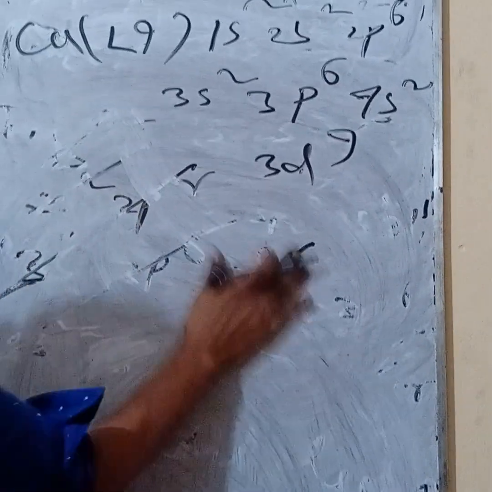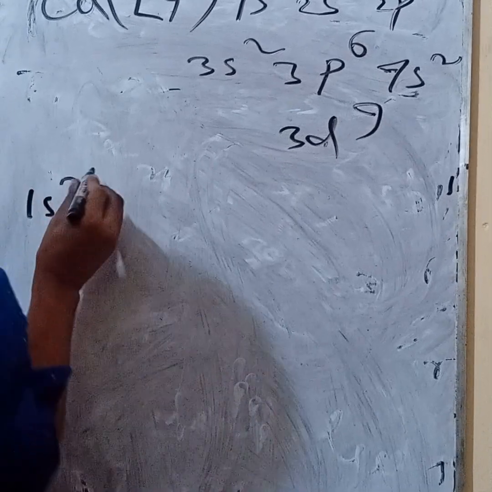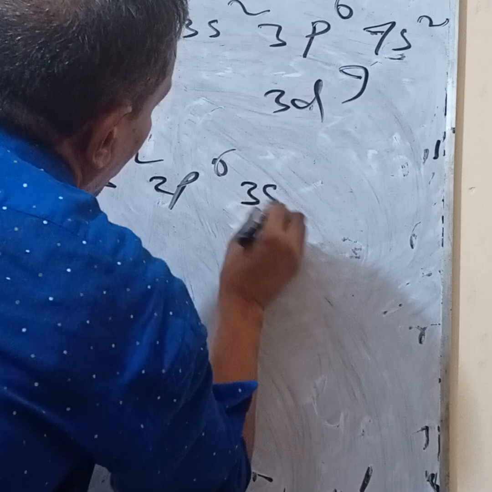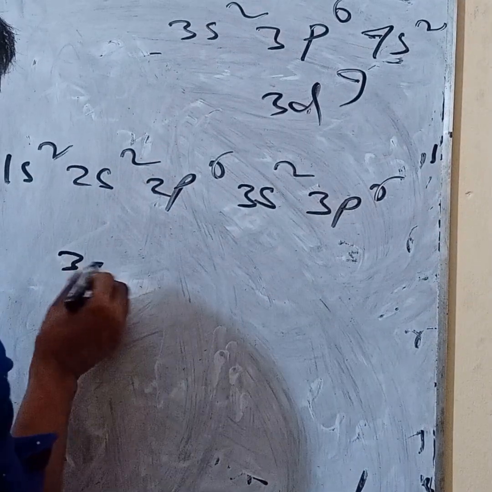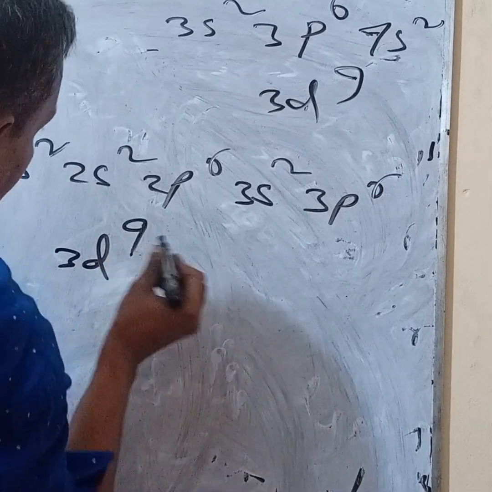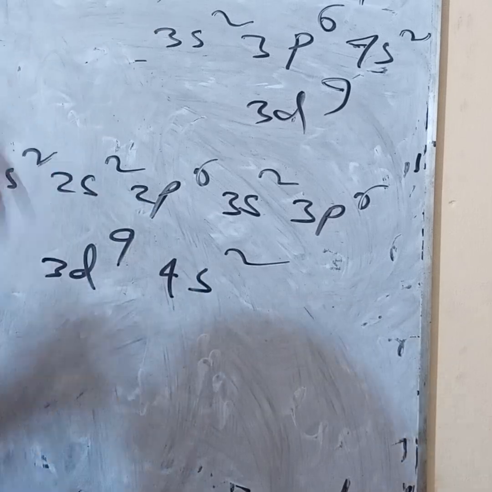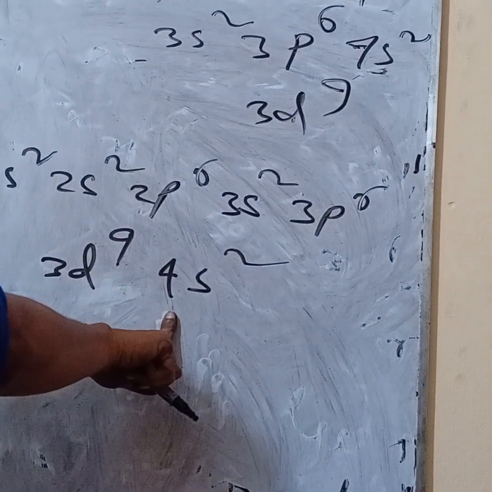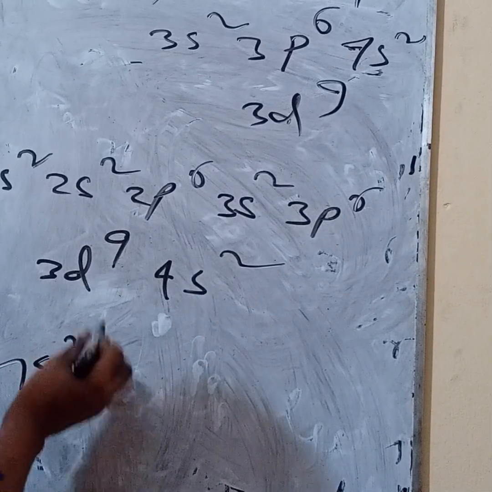So I have to arrange this system applying 1s2, 2s2, 2p6, 3s2, 3p6, 3d10, or 4s2. The outer principal quantum number is 4, 4s2.